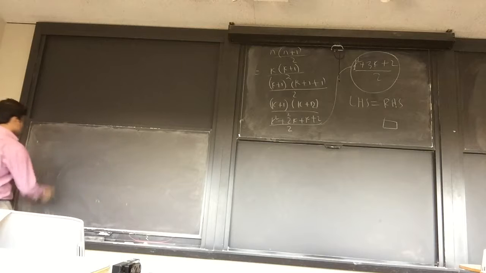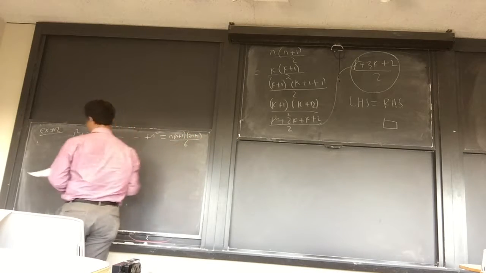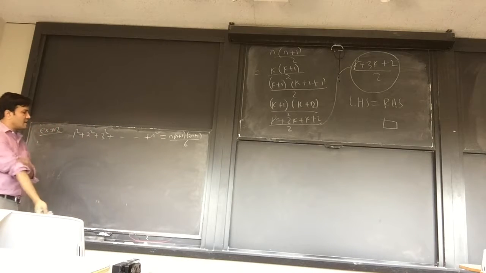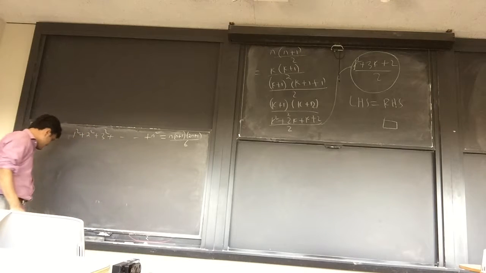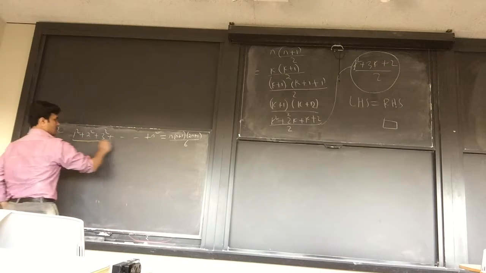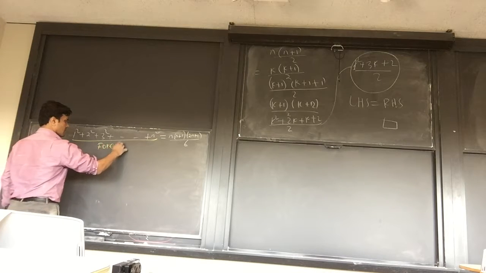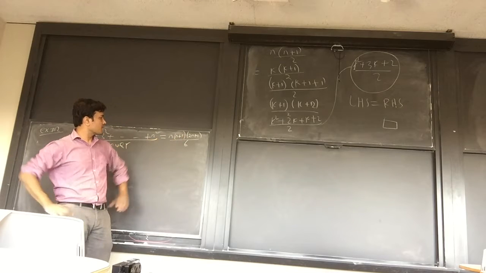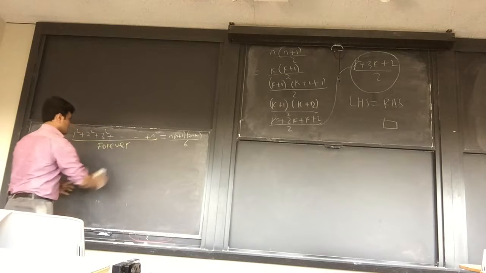Example number 2, which is similar: n(n+1)(2n+1)/6. Now we have to prove by induction that the left hand side is equal to the right hand side. The left hand side is 1 squared plus 2 squared plus 3 squared and so on up to n squared, which is equal to n(n+1)(2n+1)/6. So step 1.